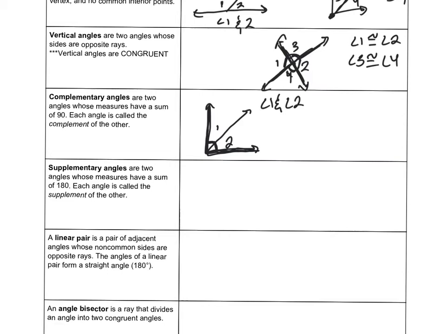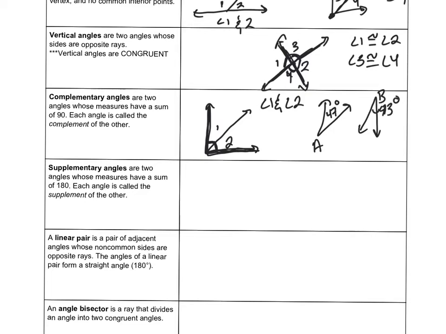Now, let's just say we have two separate angles. We'll call this one angle A, and we'll call this one angle B. Let's say angle A is 47 degrees, and angle B is 43 degrees.